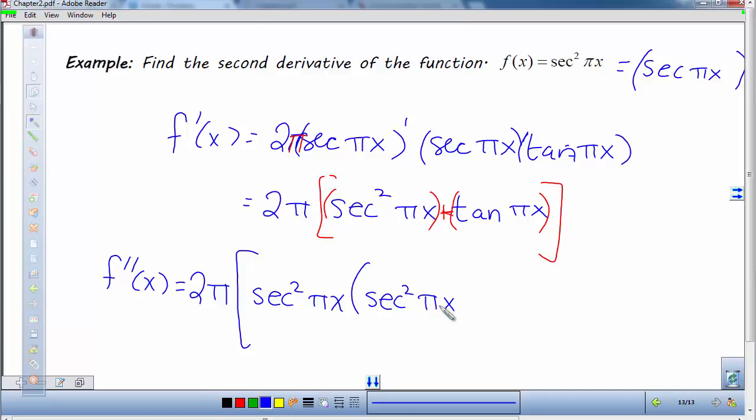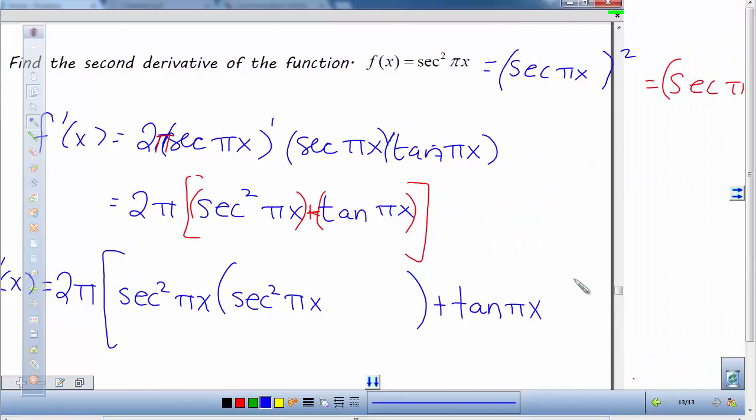First times the derivative of the second times what? Well, are we done with the derivative of the second? Let's come back to it in just a second. So we got first times the derivative of the second plus the second times the derivative of the first.